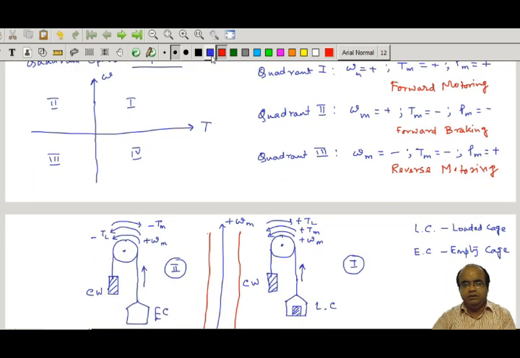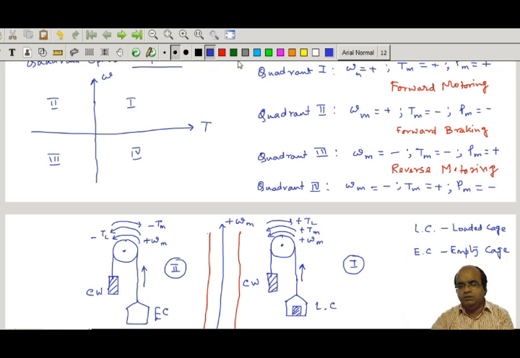And finally, quadrant 4. Omega m negative, torque positive, power becomes again negative.